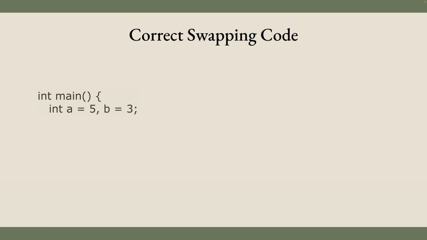Alright, we'll have you 3 together here. Again, we're trying to write code that is going to swap the values of a and b. Write down your solutions on the paper so I can check it.